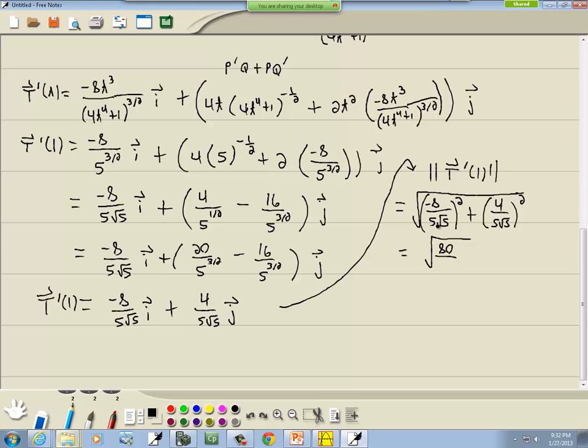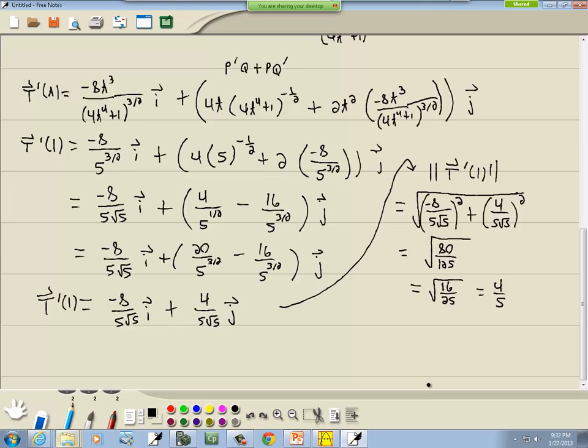And when you square the 5, that gives you 25. You square this, that gives us 125. Both of these are divisible by 5, at least. So it's 16 over 25, which gives us 4/5.